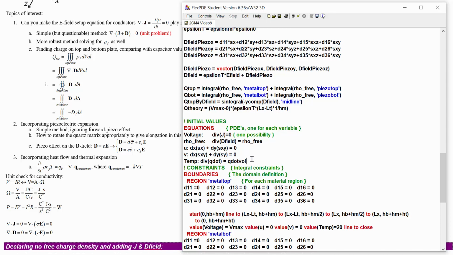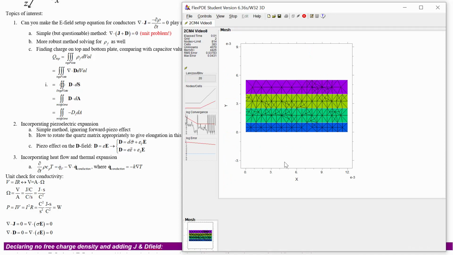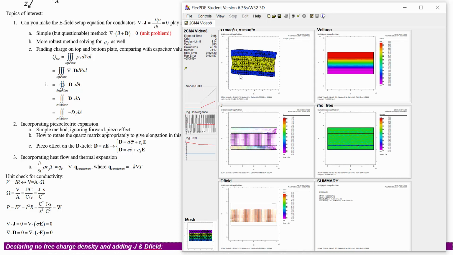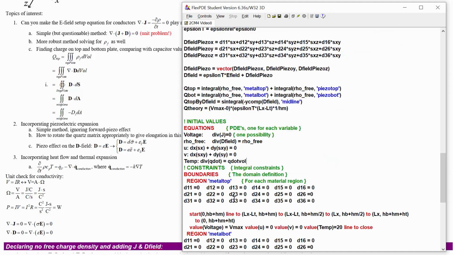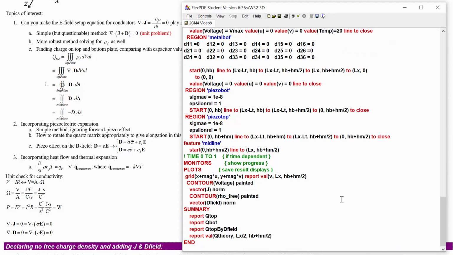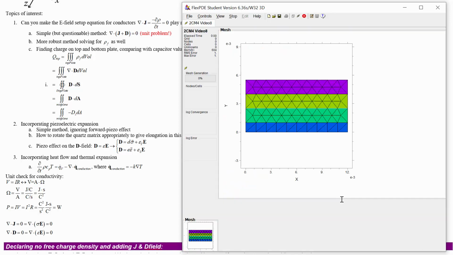Okay, so we expect that the temperature is going to stay around 20 on this edge, but be quite high in other places. And first, since we didn't say the temperature affects anything else, none of the rest of the things that we simulated actually changed. But if we make a contour plot, then we'll get to see what's going on with that temperature.